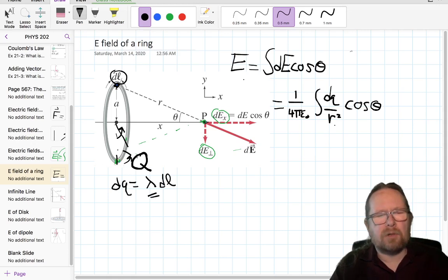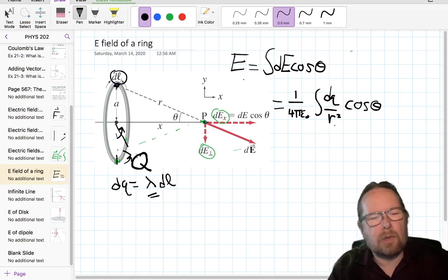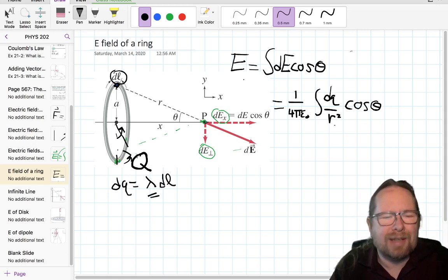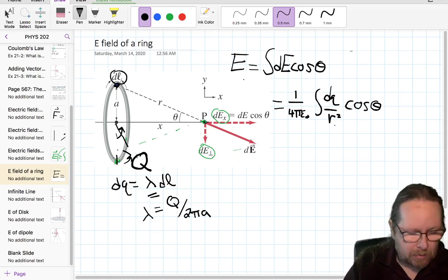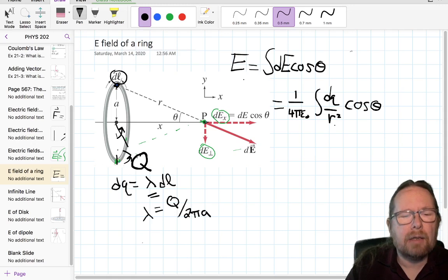In this chapter, when we have a charge per unit length, we'll usually use lambda. So lambda is the total charge of this thing divided by the total length of this thing, which is 2 pi a. So we'll call that the linear charge density. In situations where you've got an area of charge, we'll usually use a sigma.